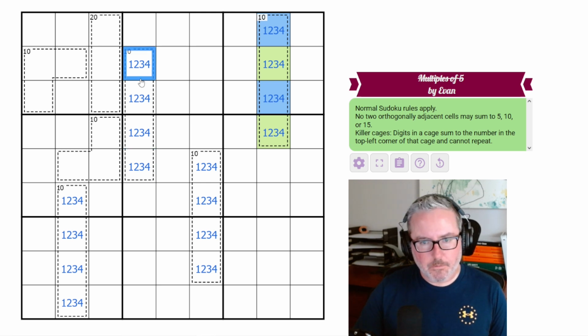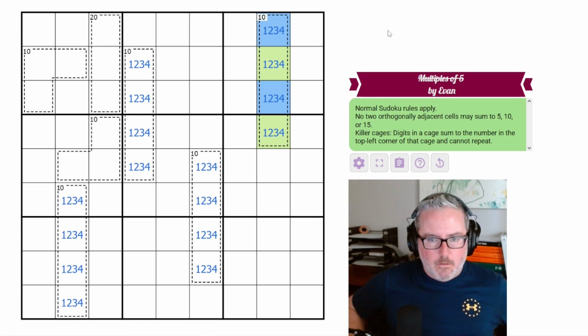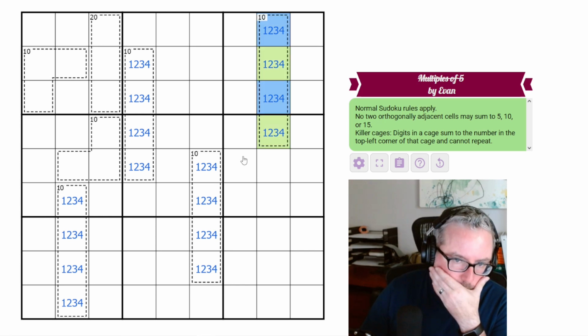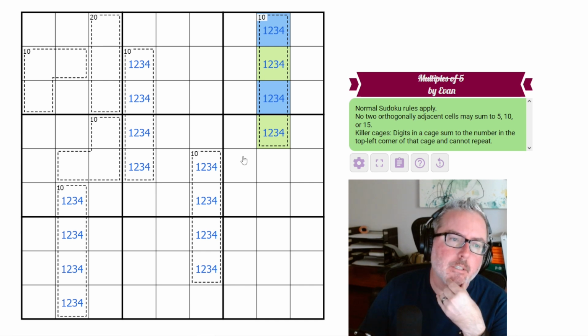The actual coloring could switch back and forth. We don't quite know that. We're going to have to use something else to figure out what is going on, or at least to maybe pare these down to something that's more usable. Now, what would that be?